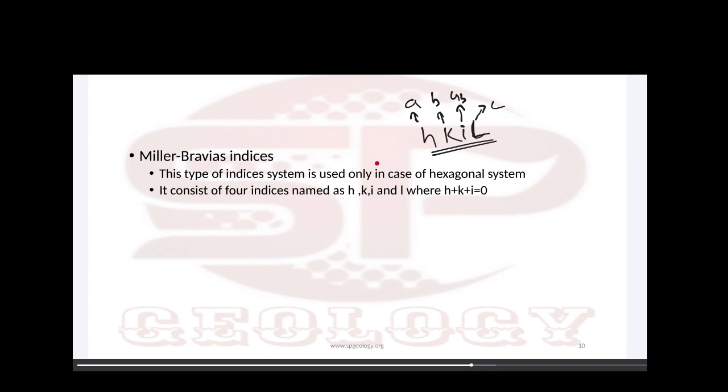So usually in other cases we use HKL, but in case of the hexagonal system, where there are 4 axes, we use HKIL. So there is always a relationship between H, K and I. Always remember H plus K is equal to minus I.